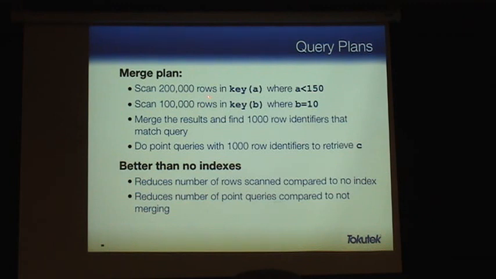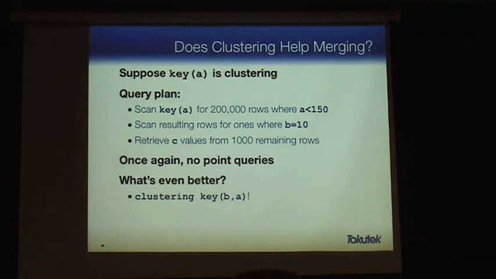In this case, you have 200,000 rows and 100,000 rows being sequentially accessed, but only 1,000 rows being randomly accessed. So that's the way it helps. It's still better than no indexes, but in some cases even doing these 1,000 point queries can still be expensive, and you can still do better than that.